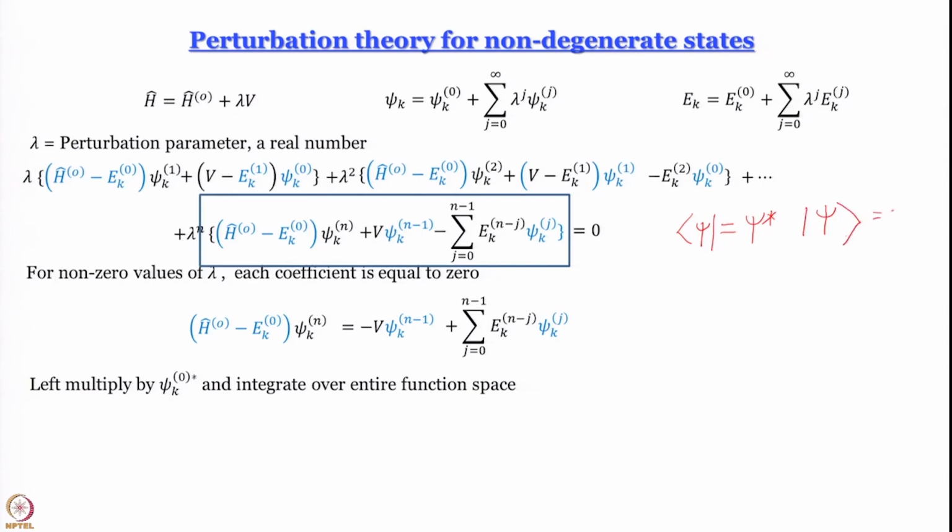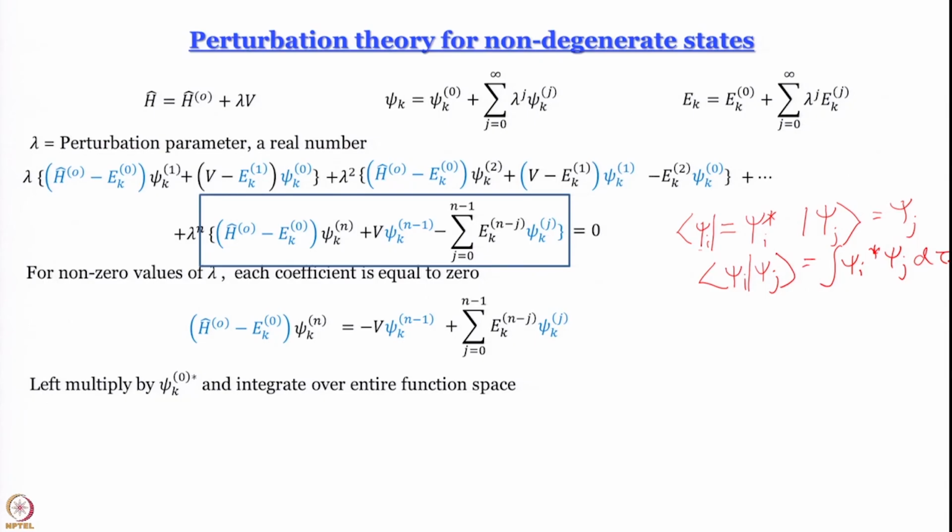Psi in ket vector essentially means ψ, and we will write ψ_i and ψ_j. Then when we combine them, this is called a bracket, bra ψ_i ket ψ_j, and this essentially means the integral over all space of ψ_i star ψ_j dτ. It is as simple as that. I think we have said it several times earlier, but still just in case somebody is confused.